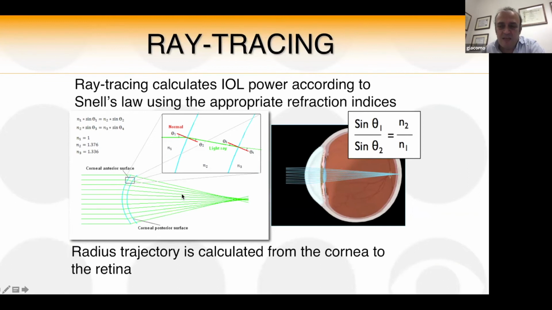So there is not the keratometric index 1.3375 that I talked about before at the beginning, which is a source of error. Here, you don't care. You are not making any assumption about the power of the whole cornea, because you are not just measuring the anterior surface, you are measuring also the posterior.